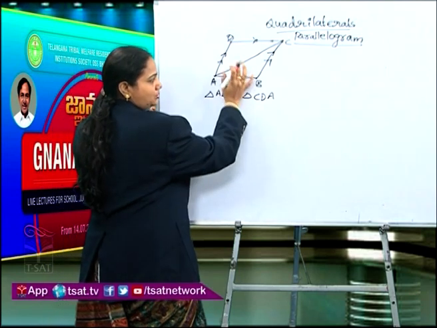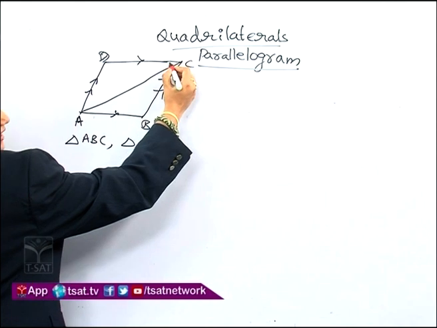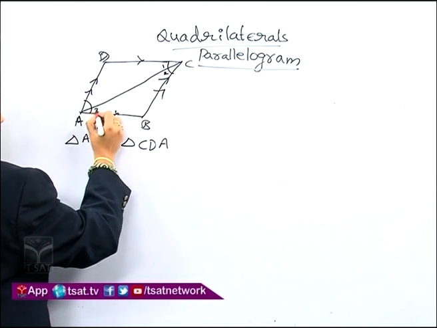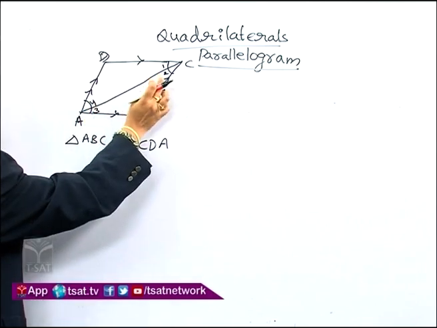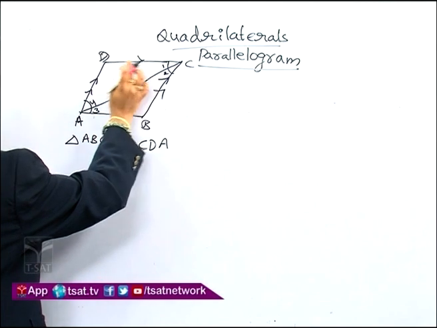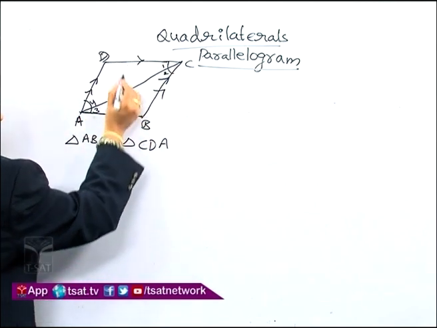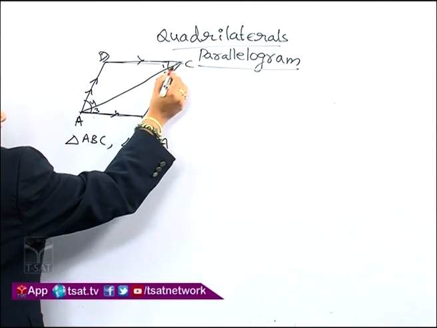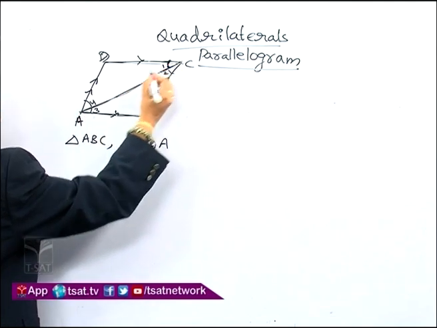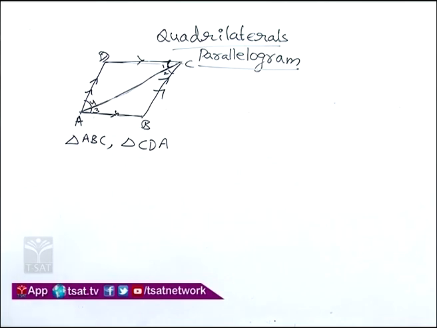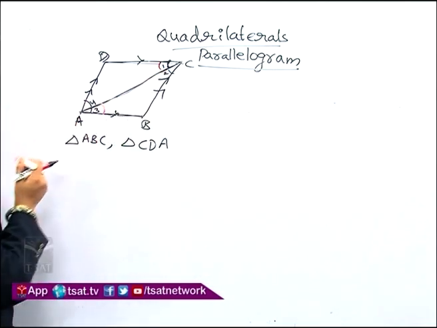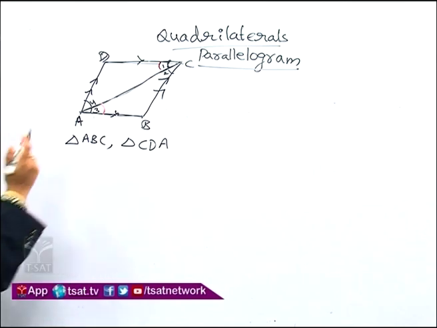See here, in these two triangles, this diagonal is dividing the angle into two parts. Let us label the parts. Here also 2. So, I am labeling the angles 1, 2, 3, 4. Here, these two opposite sides are parallel and this is a transversal. Isn't it, children? When it is a transversal, what do angle 1 and angle 3 represent? Angle 1 and angle 3 are alternate interior angles.